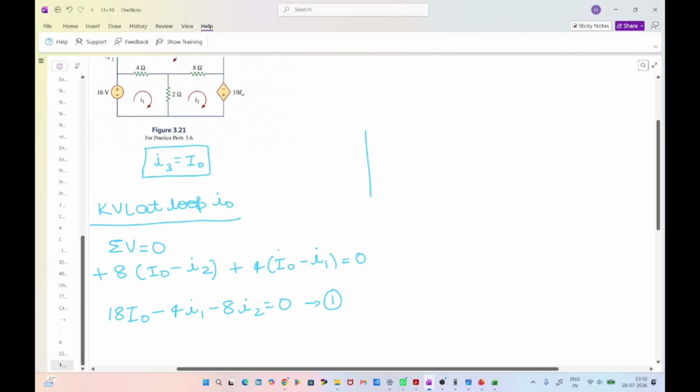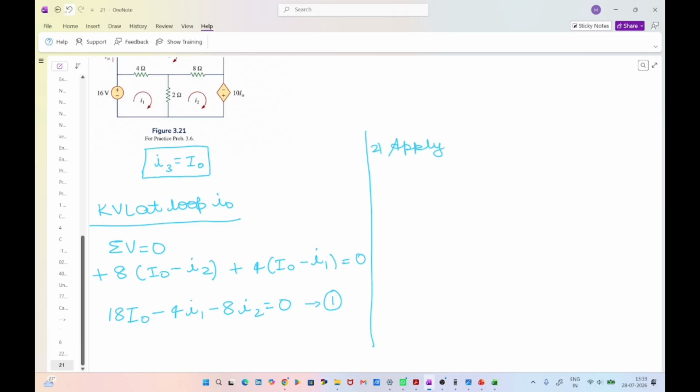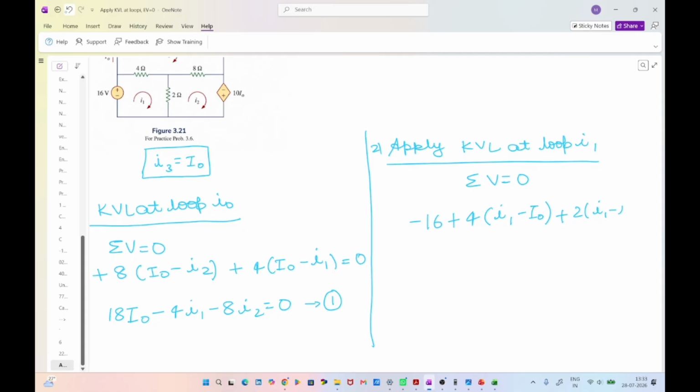And then apply KVL at loop I1. Summation V is equal to 0. Here it's minus 16 because the minus comes first, and then plus 4 I1 minus I naught, and then plus 2 I1 minus I2 is equal to 0.